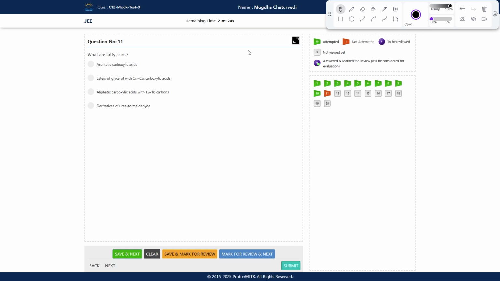Next question, it is saying, what are fatty acids? So fatty acids, they are higher members of aliphatic carboxylic acids, okay, ranging from carbon C12 to carbon C18, okay, which is commonly found in natural fats as esters of glycerol.